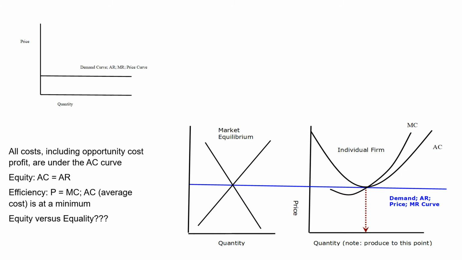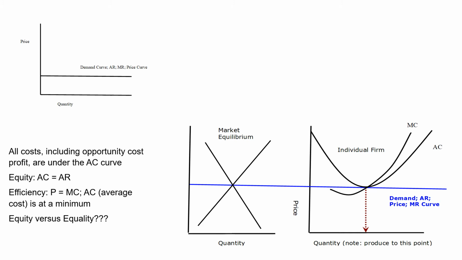Since the average revenue curve is horizontal, flat, the marginal revenue curve shares the same space. And again, it is also what? The price curve. So all costs, including again opportunity cost, profits are under the average cost curve. So equity is again where average cost is equal to average revenue, and efficiency is again where price is equal to marginal cost, and average cost is at a minimum.